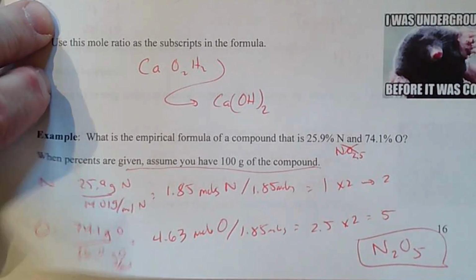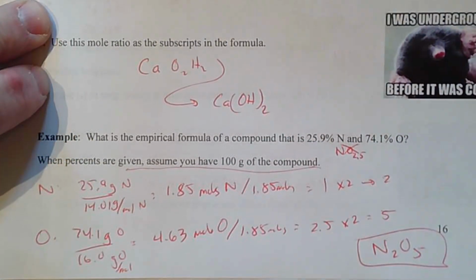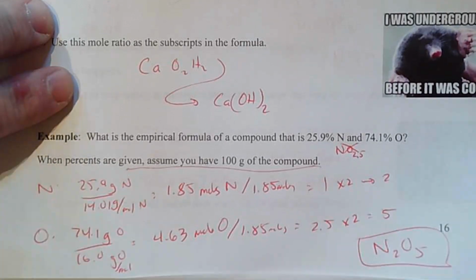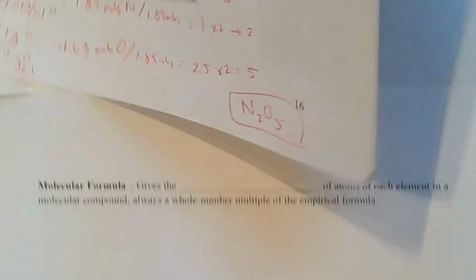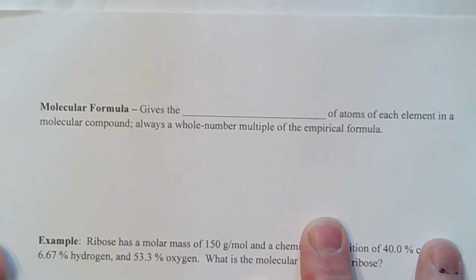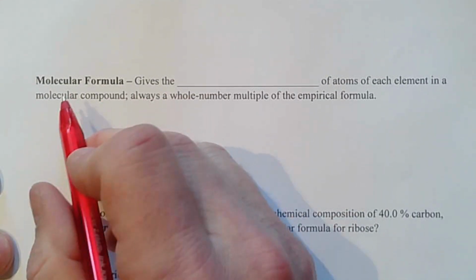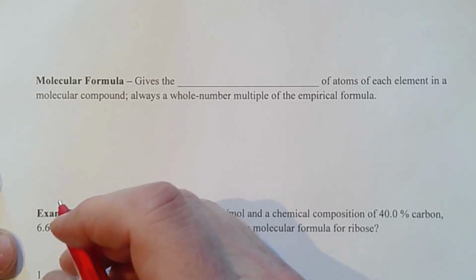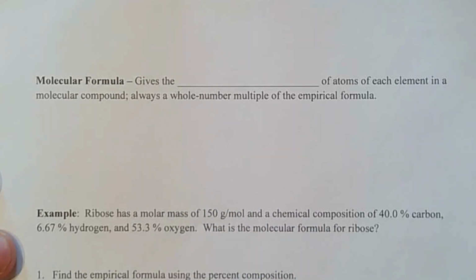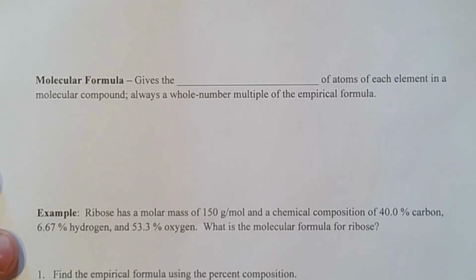Okay, so that's empirical formula. Now, let's talk about molecular formula. The difference between empirical and molecular formula is that the empirical formula is the simplest ratio.